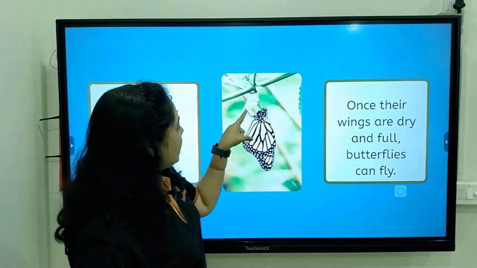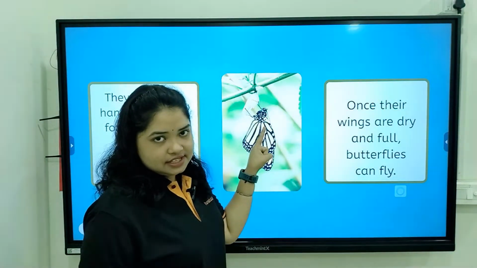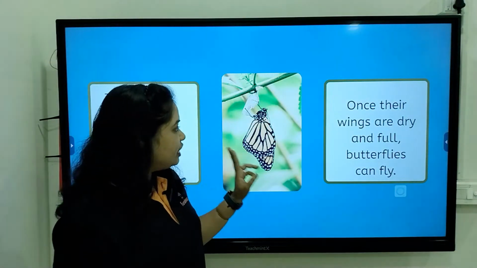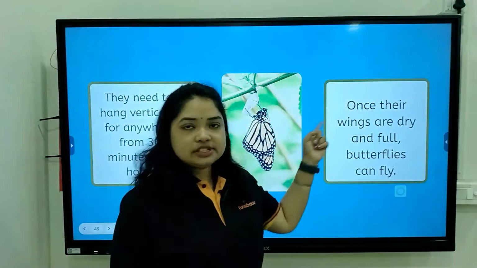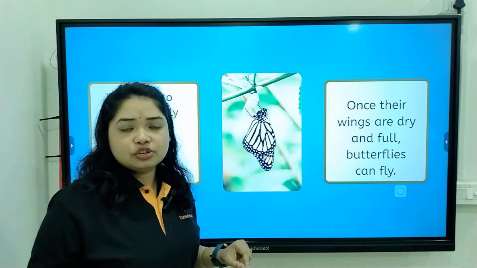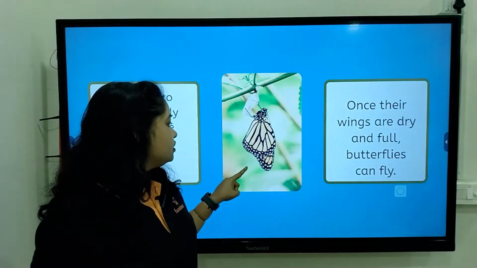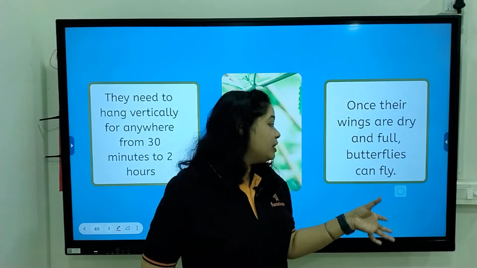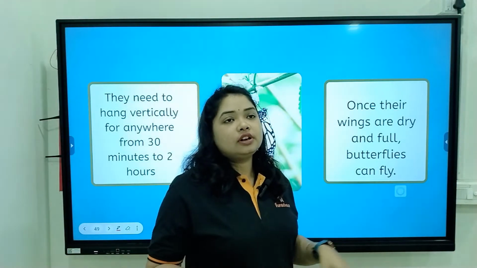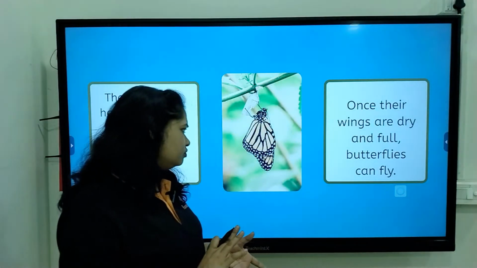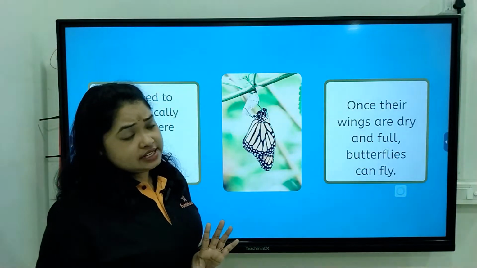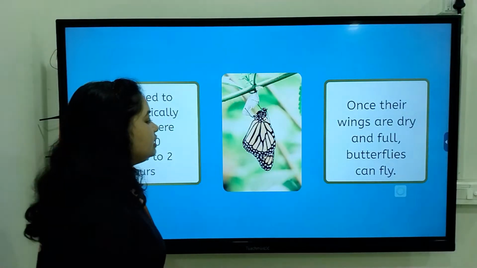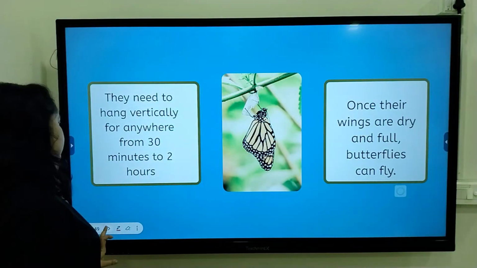So they will remain attached to the chrysalis like this for half an hour to more than 2 hours, in which their wings will dry, because just like we hang clothes to dry, the wings will also be hanged to become dry and full. That means they will become plain from their wrinkled stage by hanging, and then they will gain back the ability to fly.